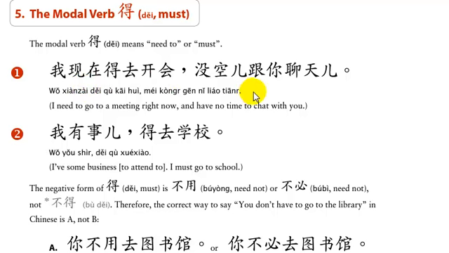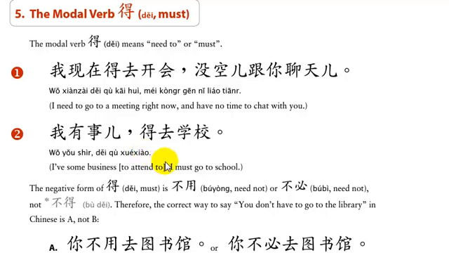I have no free time to chat with you. So, I must go to a meeting. 我得去开会。In this other example, 我有事得去学校。I have something to do, must go to the school.